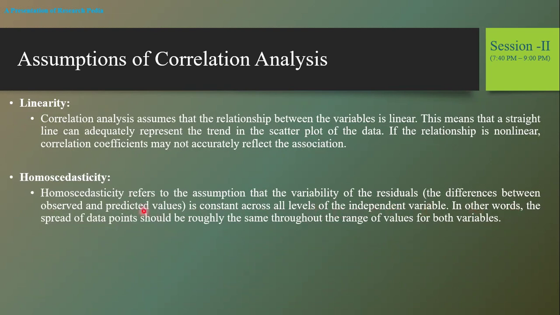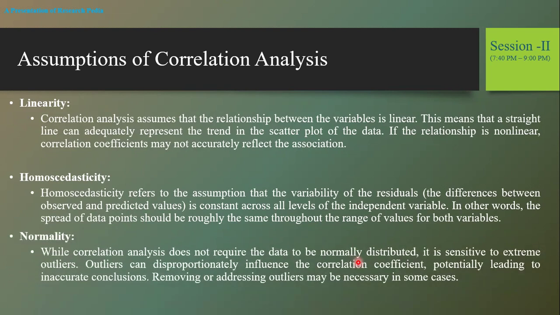In other words, the spread of the data points should be roughly the same throughout the range of values for both variables. I will let you know after some slides how it can be checked.